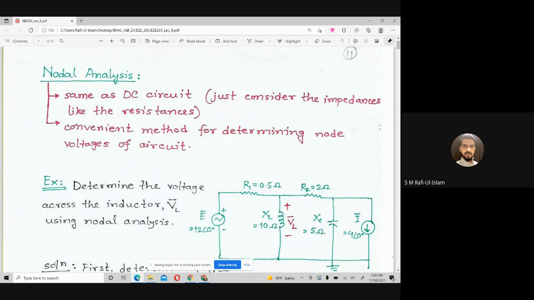That impedance could be a combination of resistor and capacitor, or resistor, capacitor and inductor. If we stick to this, then all the analysis is the same as DC analysis.